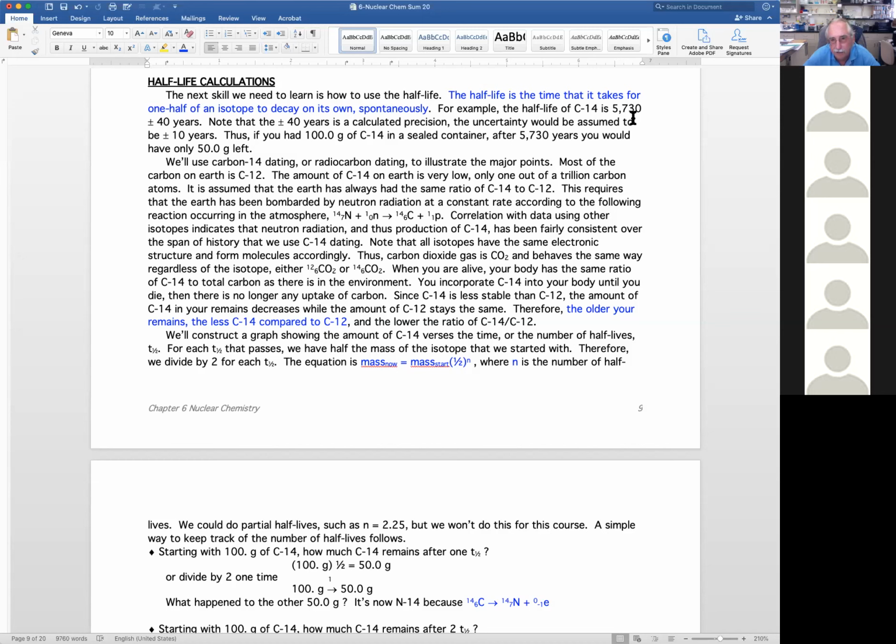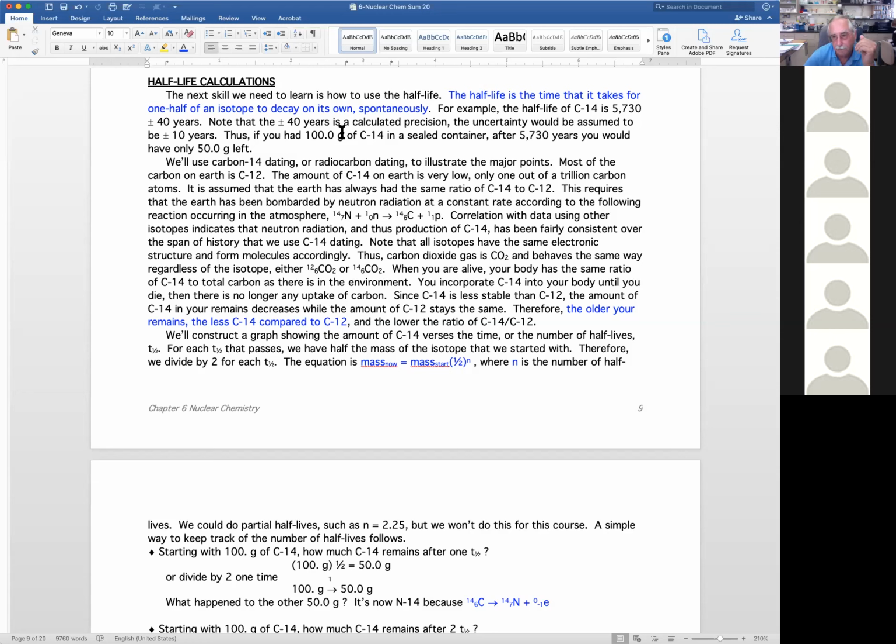So plus or minus 10 right here would be the implied uncertainty. The precision is actually plus or minus 40 years. That's a calculated precision based upon experiments. So it happens to be 4 times greater than the assumed uncertainty.